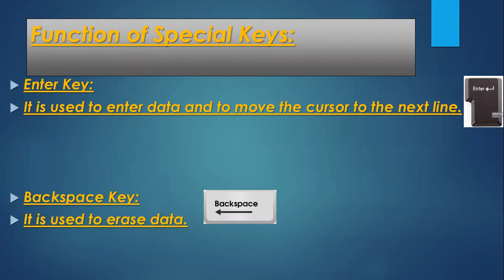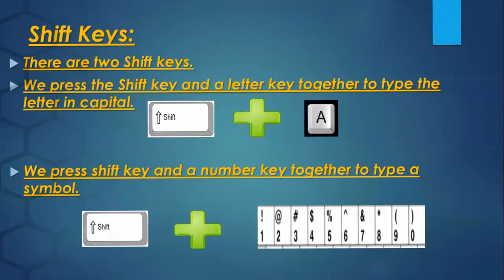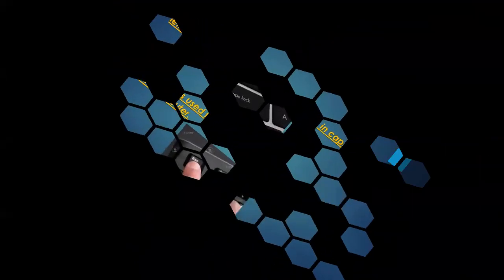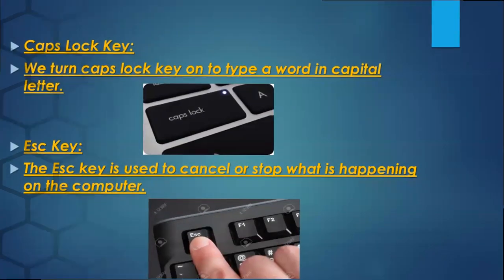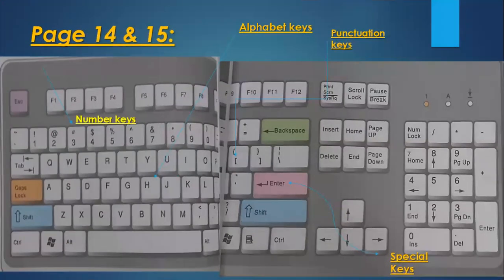Backspace key is used to erase any data. Then along with shift key you can write a letter capital. Along with shift key, you can type any symbol. After that, I have told you about caps lock key, that with the help of caps lock key you can also write capital letters, and if you want to stop or cancel something, you will simply use escape key.